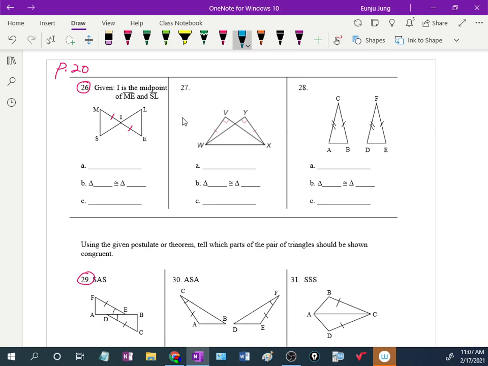So let's do the second segment too, and these two are cut by the midpoint into equal lengths. So that is the notation in the diagram. And now let's see. Is there any common thing or hidden clue to describe?